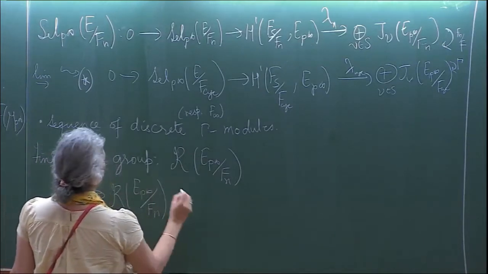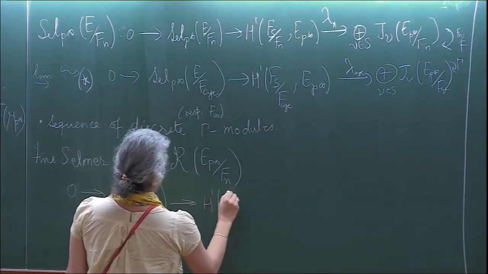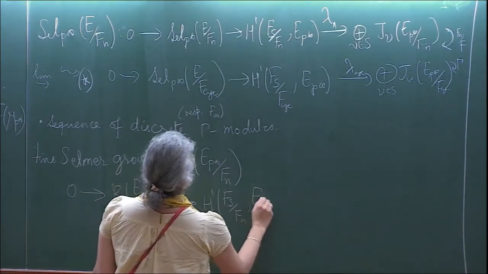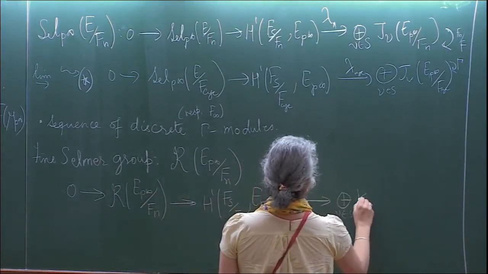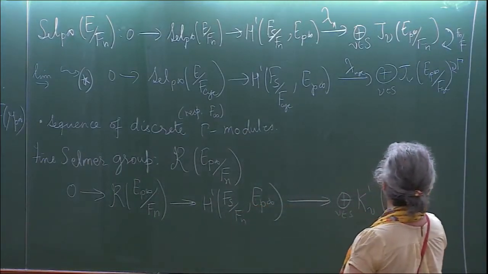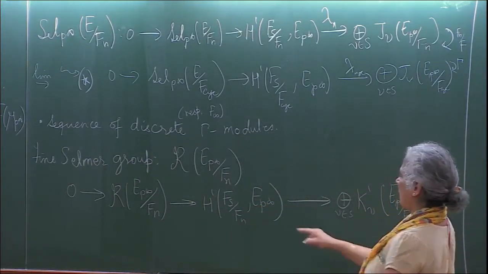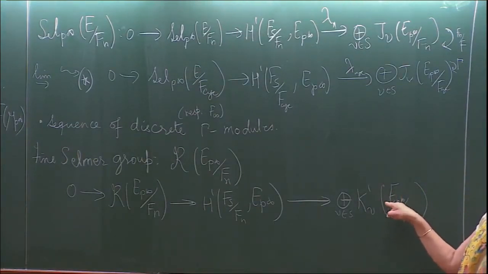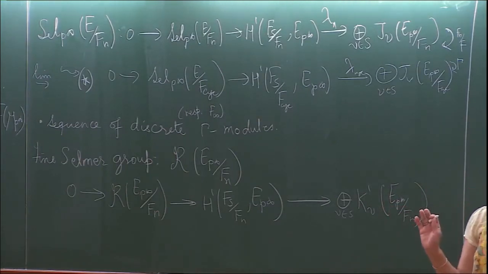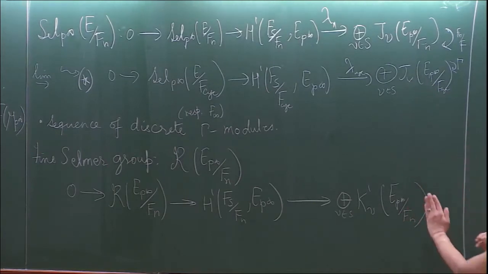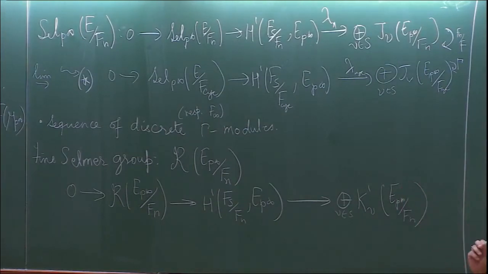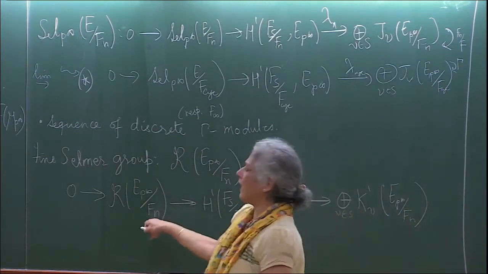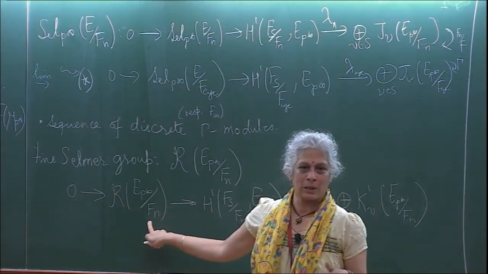It's like the local to global maps, H1 Fs over Fn, E p infinity goes to the direct sum over v in S of K1v of E p infinity over Fn. So at the simplest level, when it is over the ground field, this is just going to be H1 Fnv E p infinity. It's the real local to global principle that you have. It's the same H1. Whereas for the Selmer group, remember, when you take the H1, it is E and not E p infinity, right? So that's the difference. Okay, so this is really like the Sha, if you like, what's usually called Sha in the literature.